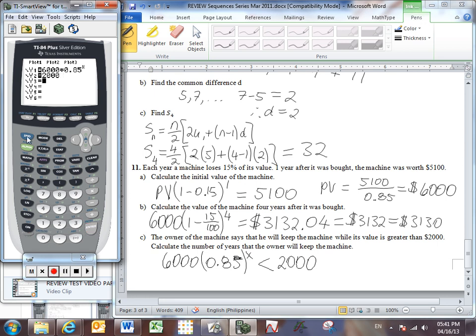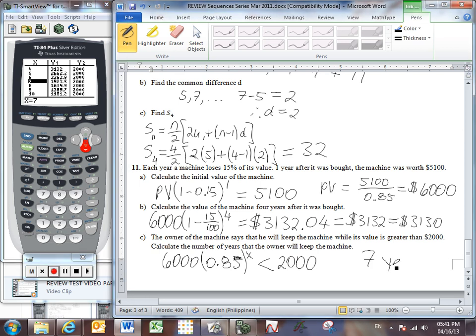Alright, let's look at a table. And I see that this occurs for the first time at row 7 is when finally we are below 2,000. If you excuse me, I'm not going to copy the table for this problem. I've done it for several others already, and I want to move on to some of the IB questions in another video. So the number of years then is going to be 7 years, as seen by the table that you should copy.